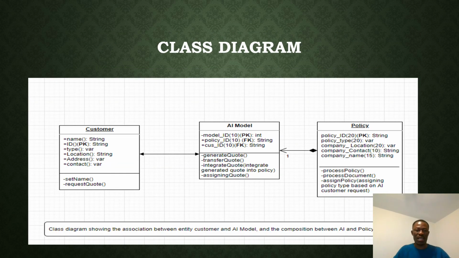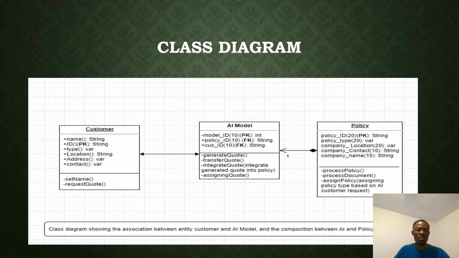We have a class diagram here that shows different classes and how they function. So we have the customer entity, we have the artificial intelligence, which is the AI model, and then we have the policy. So each of them has attributes with data formats, and then we also have a function key, what the entity will be doing.